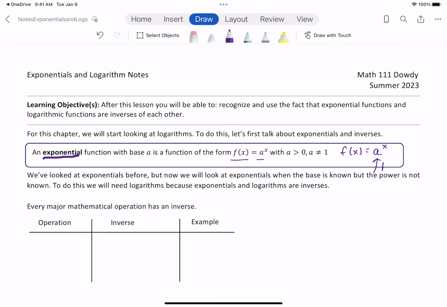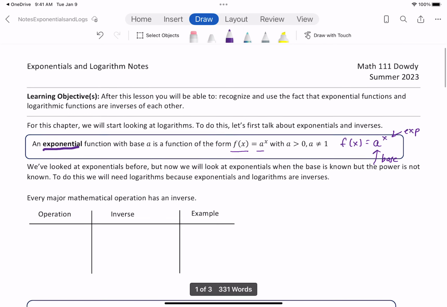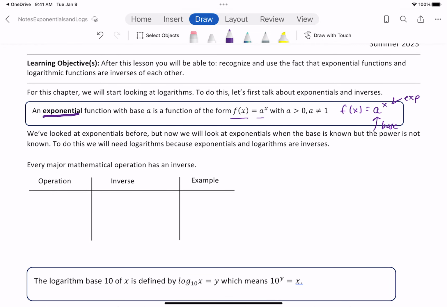We know this is the base and this is the exponent. a has to be bigger than 0, so that means it has to be a positive number, and it also can't be 1. Alright? So we have looked at exponentials before.